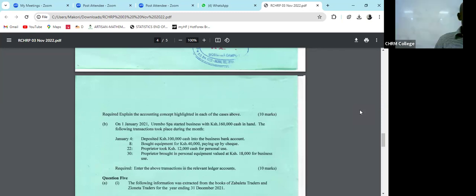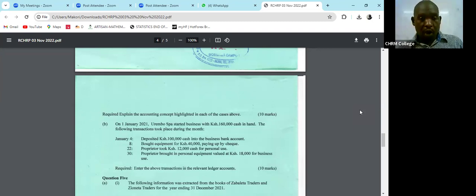We credit capital, then we debit the cash. If the amount had been deposited in the bank, we could have debited the bank account. So that is what we shall do.